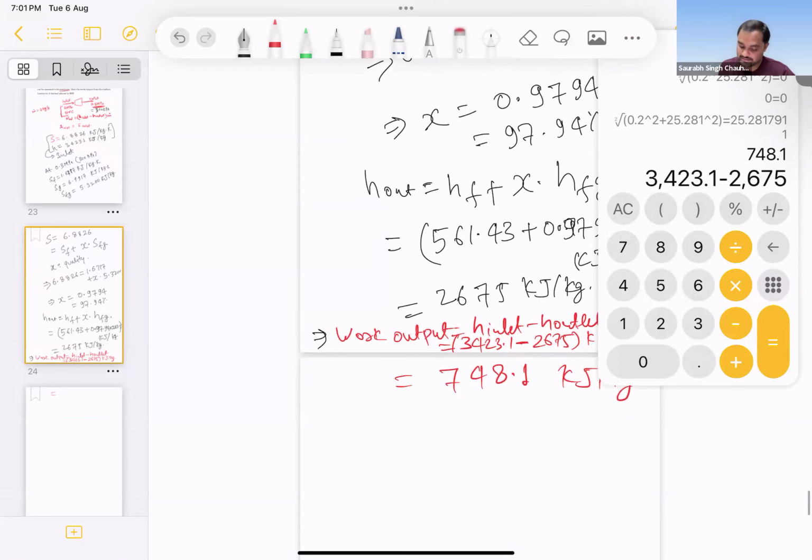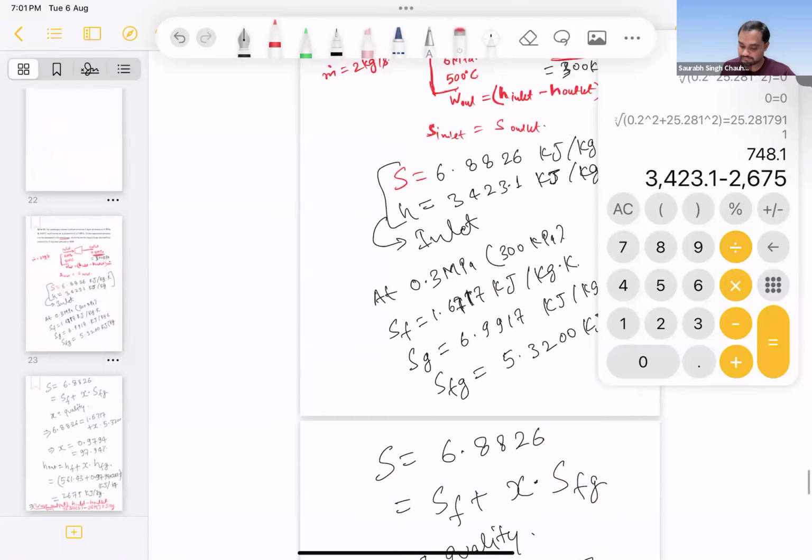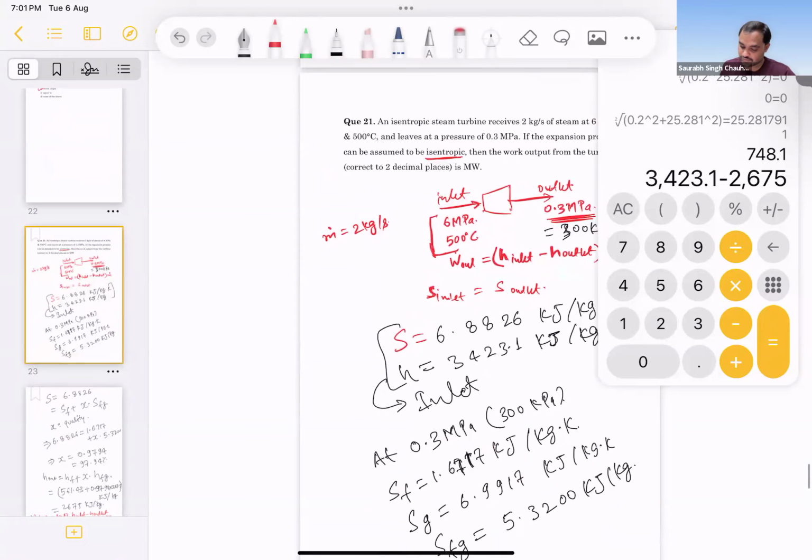And we have to find total work output. So work output will be equal to mass flow rate of steam multiplied by this value, 748.1 kilojoule per kg. What is mass flow rate of steam? It is 2 kilogram per second.